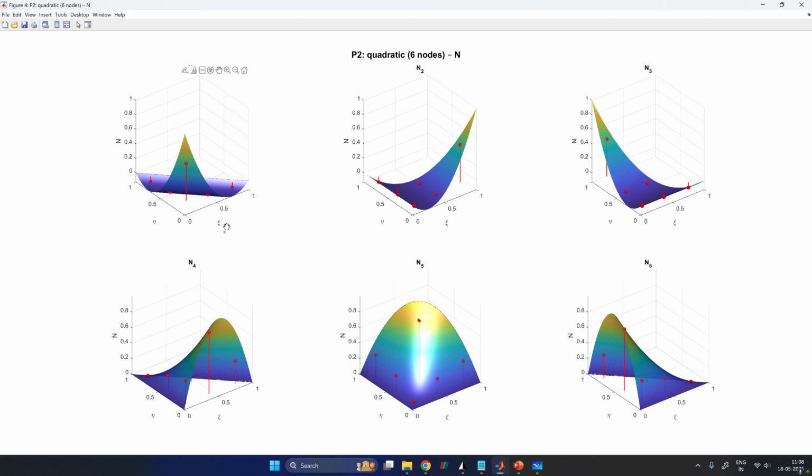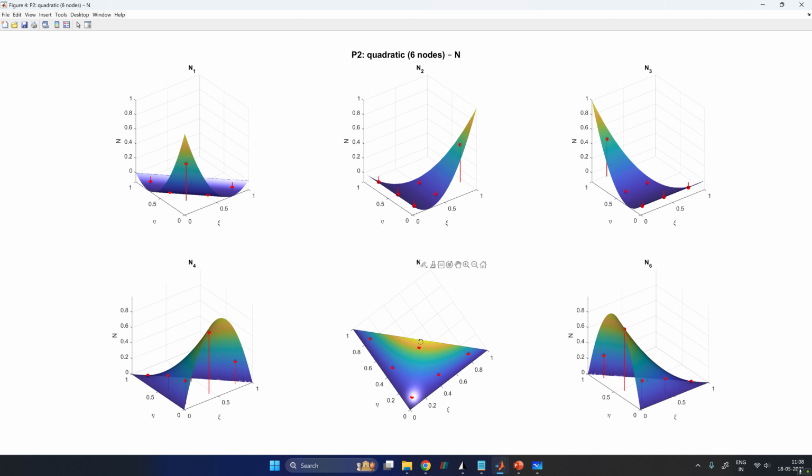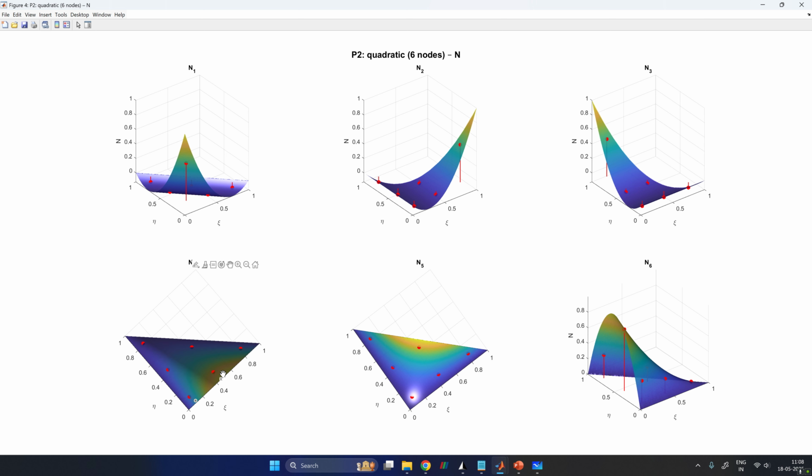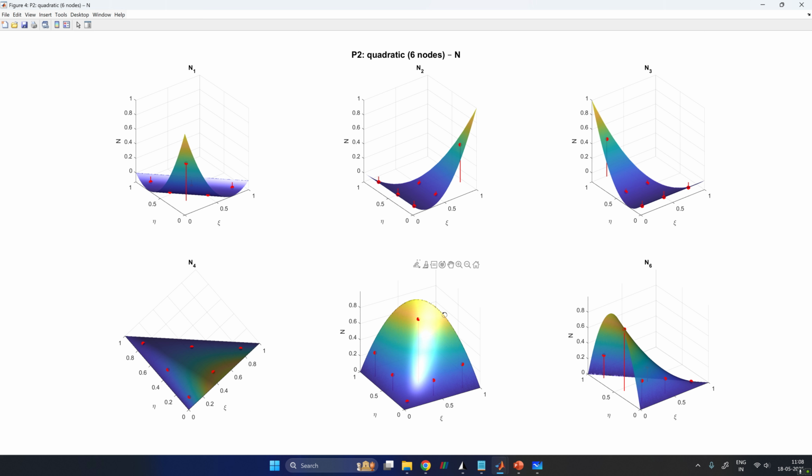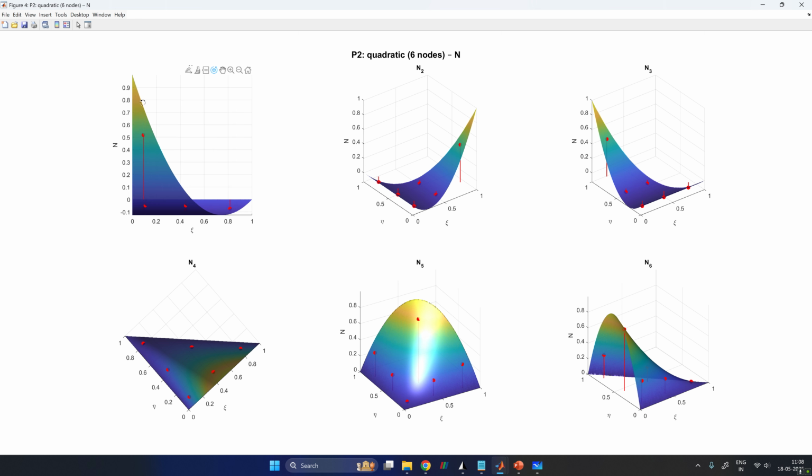In P2 you can see again that they are curved, more curved. They have mid-edge nodes now. You have a gradation here from the mid-edge, so you can interpolate better now. You have more interpolation points. And you can again see that they are just inscribing a perfect quadratic, which goes to 0 at two nodes.